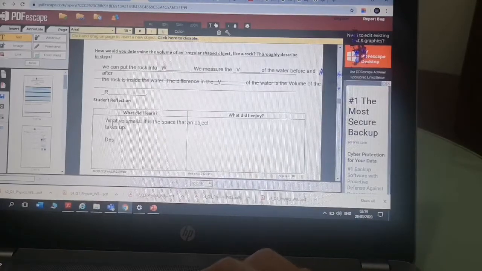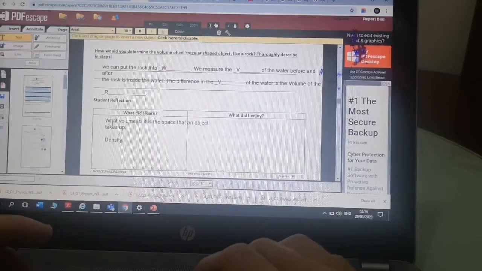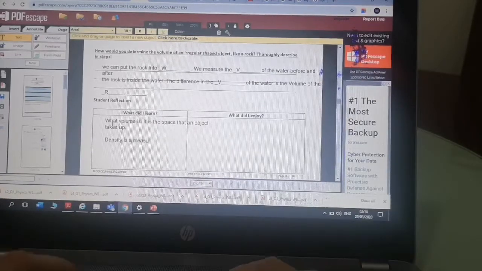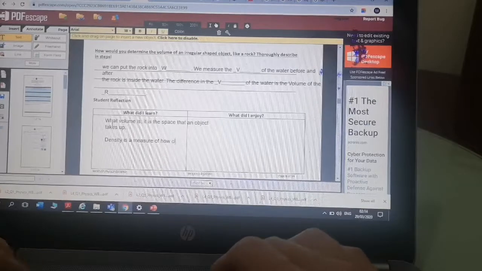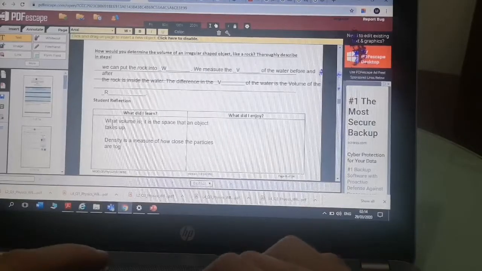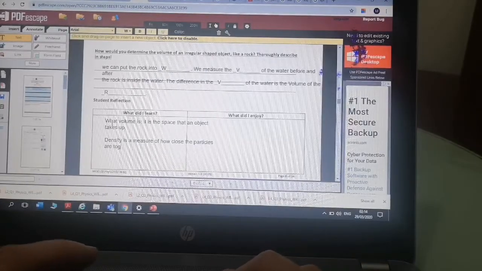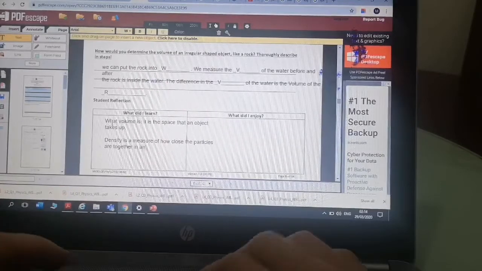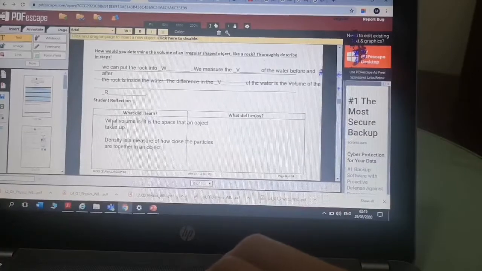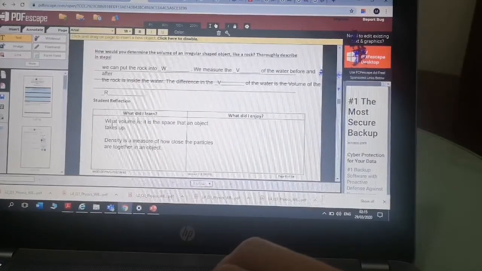We learned density as well. We learned that density is a measure of how close the particles are together. So how close are they in an object? Some materials will have a very light density.